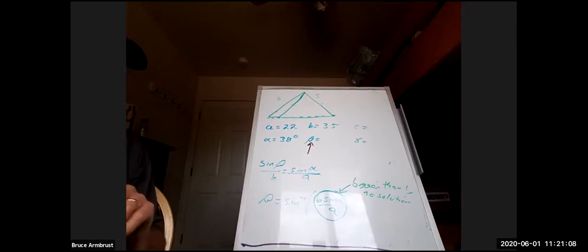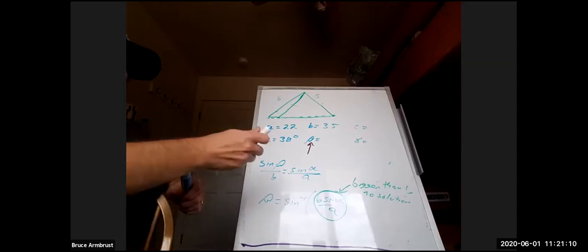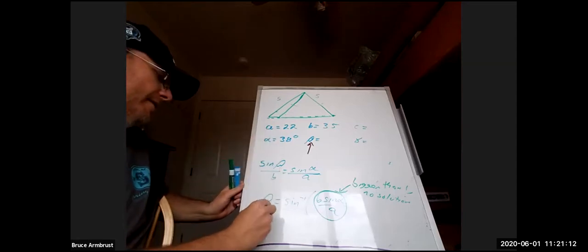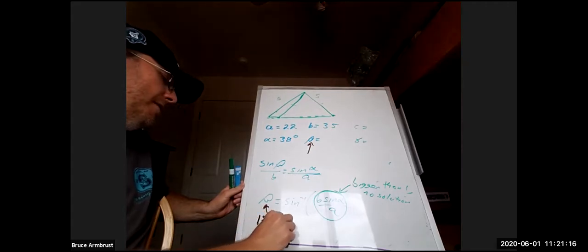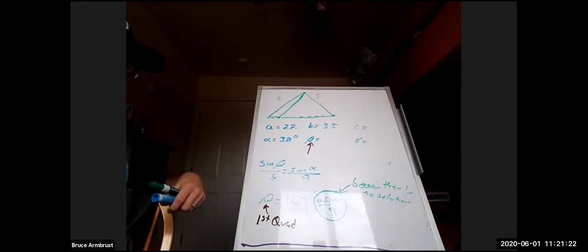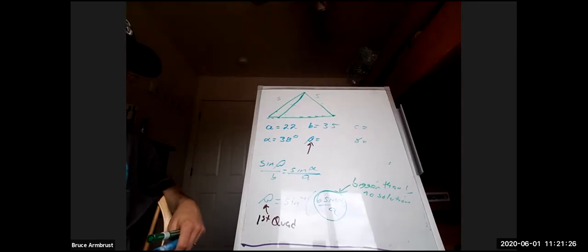And the reason that we can get two is because inverse sine only returns first quadrant angles. Whatever this beta is, it's going to be forced to be a first quadrant angle. That's because of the restriction that was put on sine for inverse sine to even exist.